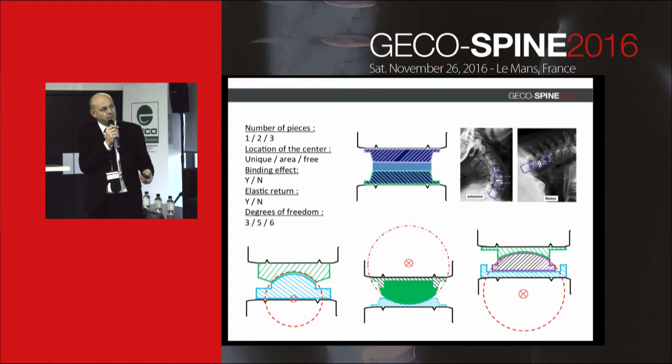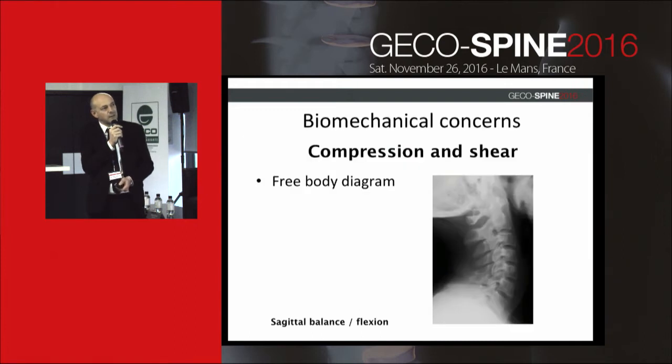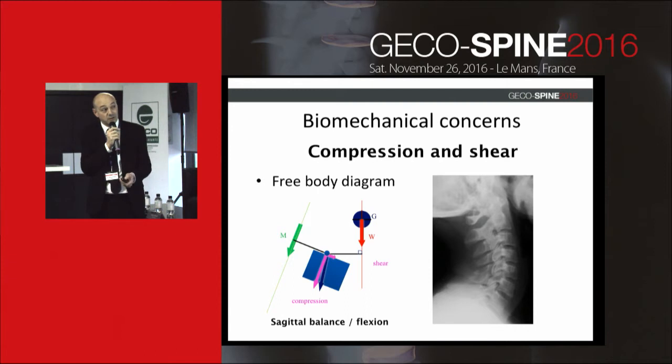As a summary from this morning, all the families are similar to the lumbar at the cervical spine, with ball and socket devices, mobile nucleus, and elastic prosthesis. So the mechanical concerns for instability are the compression and shear, specifically at the lower part of the cervical spine, with a combination of compression through the action of the muscles and the weight of the head, and the shear because of the type of lordosis.